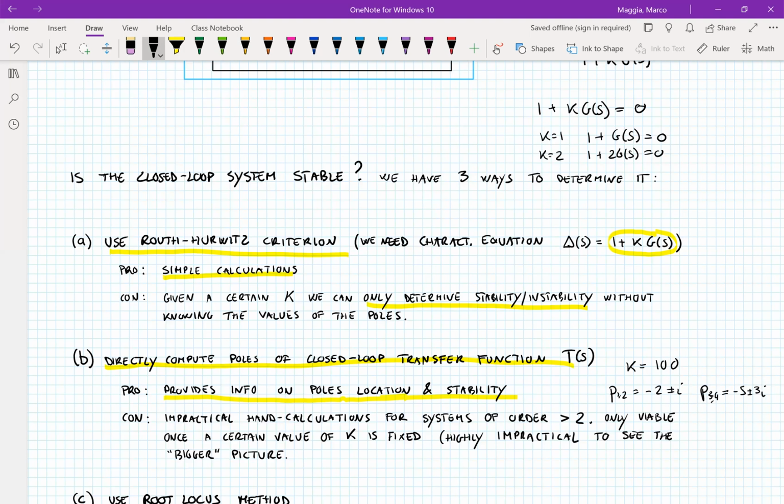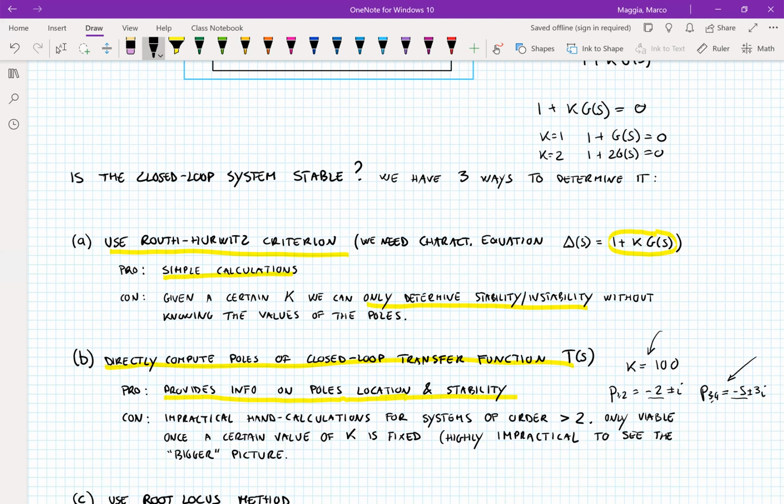So you have one value for k, and you can directly compute the values of the poles. In that case, we had 4 poles. In this made-up example, the real parts of the poles are negative, so the system is stable.